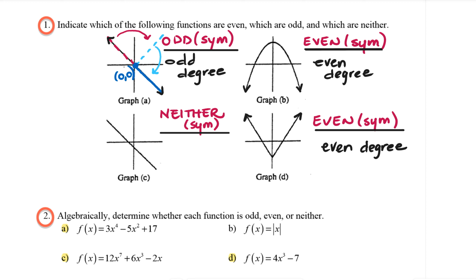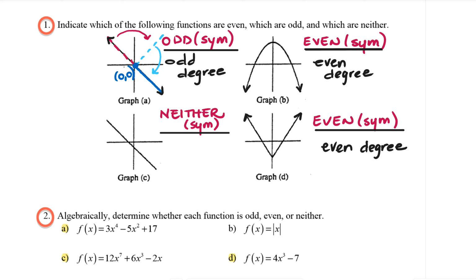Just so you know, we'll spend a lot more time on this in the future, but the degree of a function merely is the highest exponent, the power of your function.